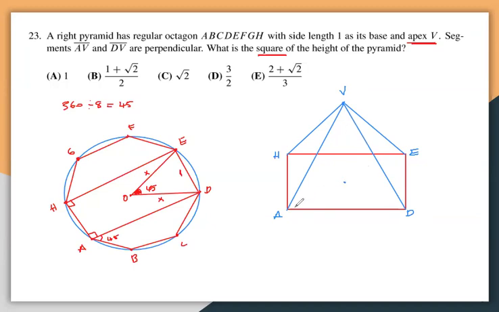But what I'm going to try is to make a right triangle. We kind of know AD, even though I didn't find it, but I think it's time to try that. Because what we really need is the distance from the center to this point V, and that is perpendicular to the base.